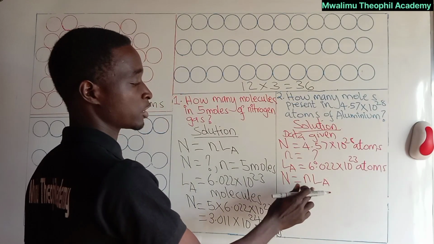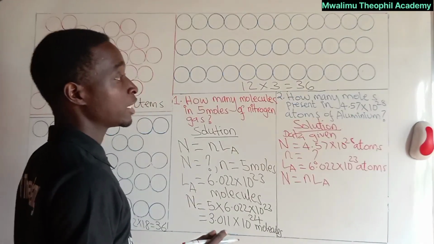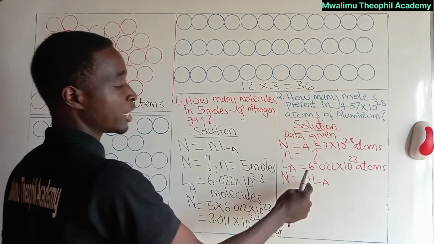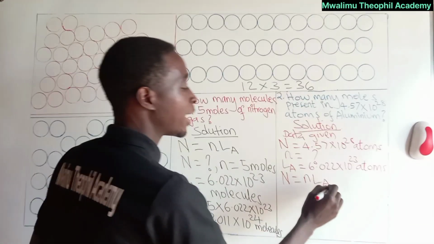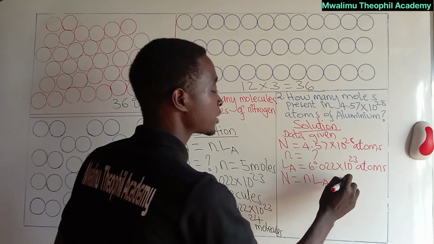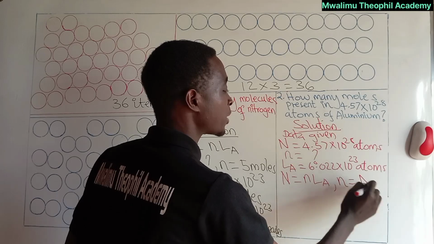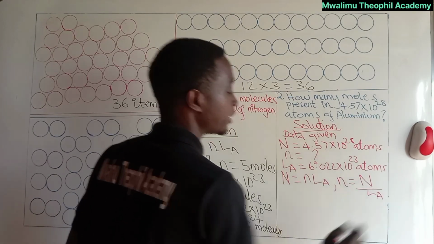The number of particles is equal to the number of moles times Avogadro's constant. Now we are going to find small n, the number of moles. When we make small n the subject, the number of moles is equal to the number of particles, which are the number of atoms, over Avogadro's constant, N_A.